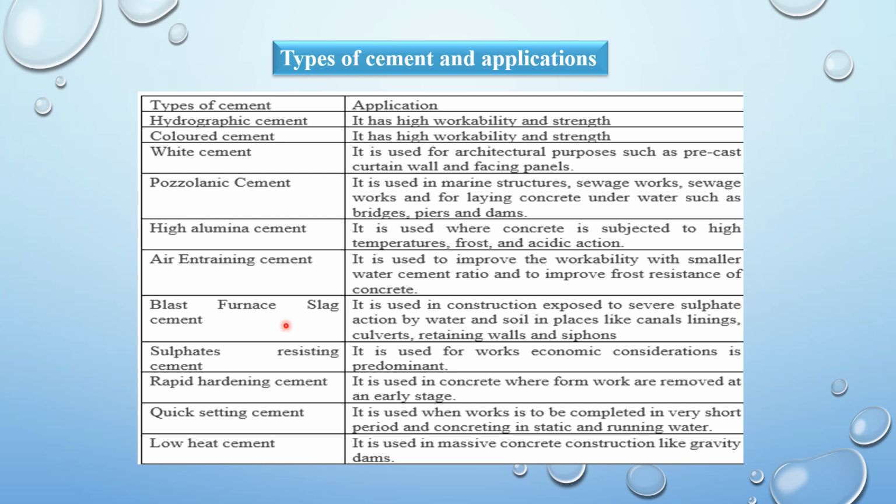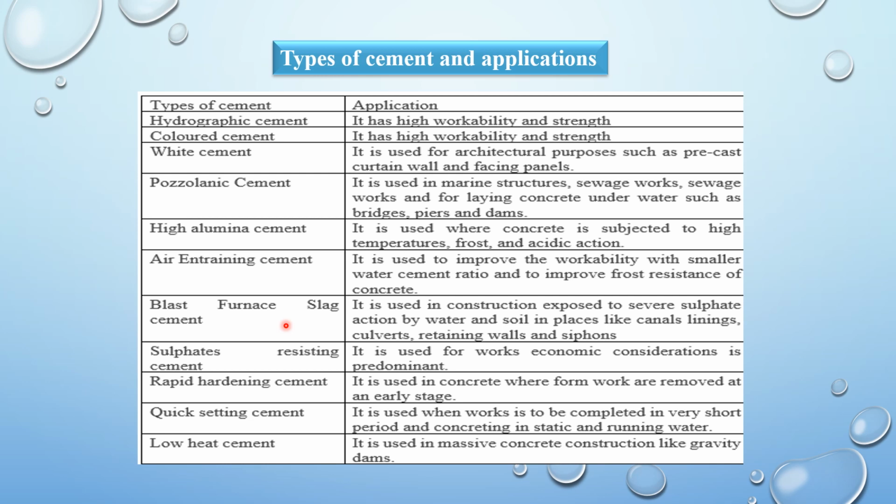It is used in construction exposed to severe sulfate action by water and the soil in places like canal linings, culverts, retaining walls and siphons. Next one is sulfate resisting cement. It is used for works where economic consideration is predominant.